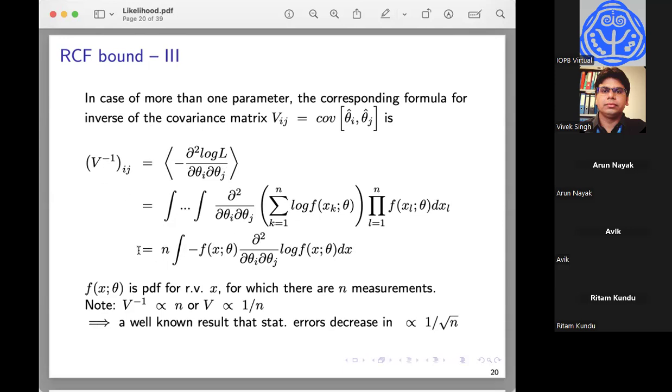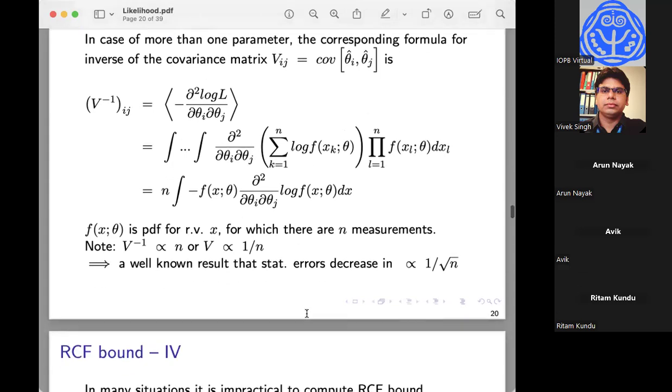From here you can see that the covariance is also inversely proportional to n, which is a similar proportionality to sigma square itself. That means the statistical errors will decrease as we increase n.